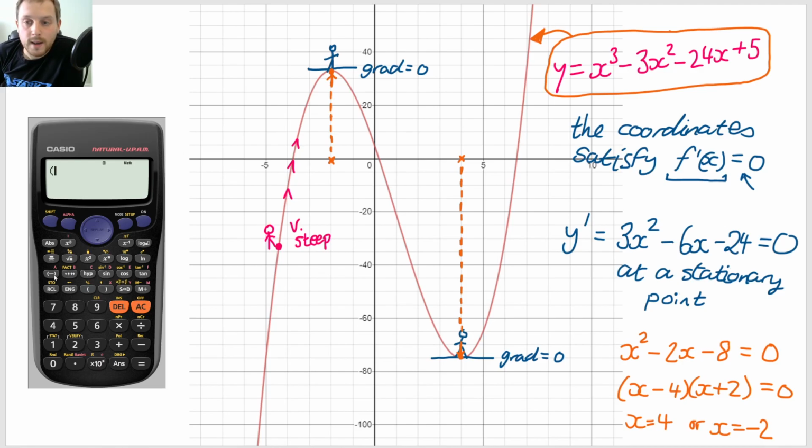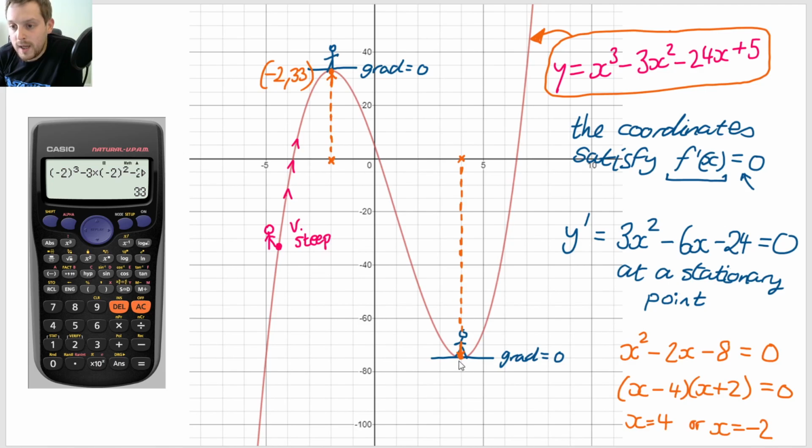So we're going to do minus 2 cubed, take away 3 times minus 2 squared, take away 24 times minus 2, add 5. So that coordinate there, you might have been able to guess that it was about 33, but it turns out that it is exactly minus 2, 33.